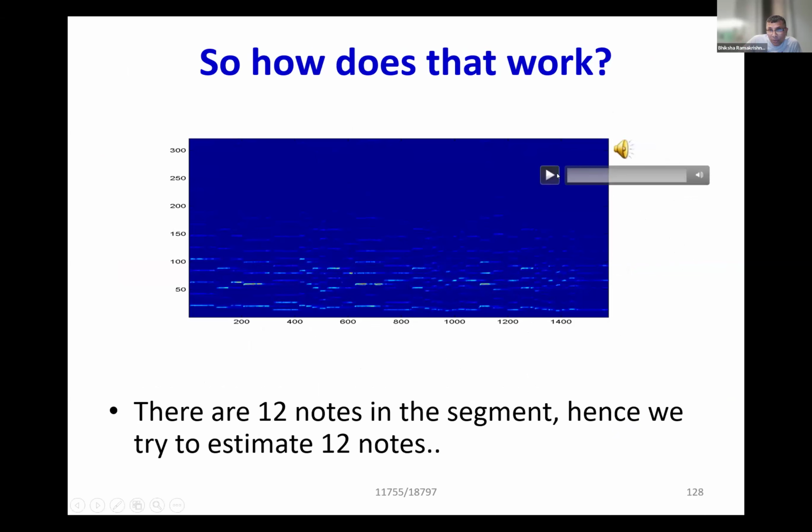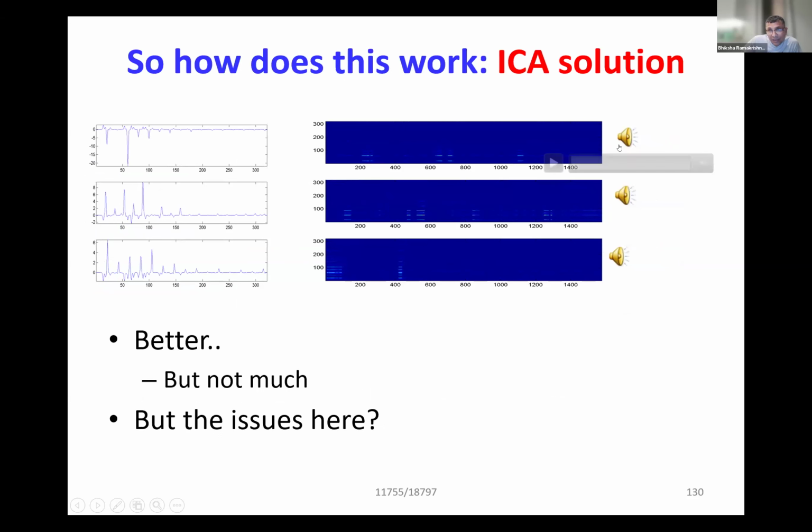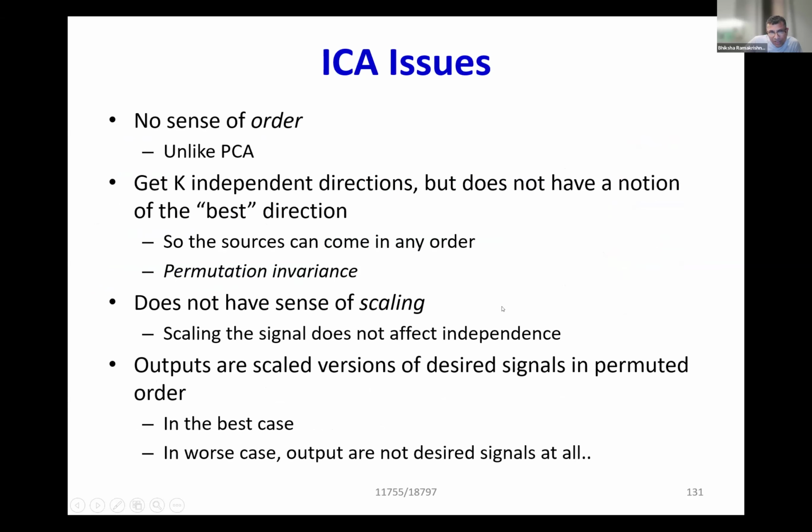But unfortunately, if you go back to our problem, here are the bases that come out of it. Right, this was PCA, sorry, this is ICA. It does a slightly better job than PCA of pulling out the individual notes, but not very much.